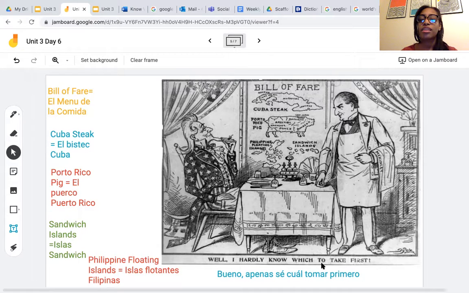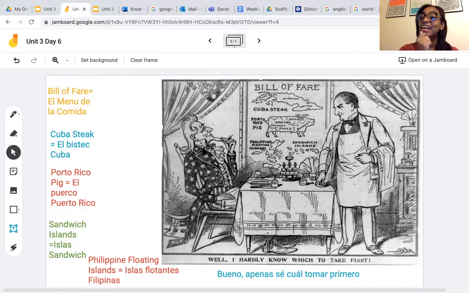And let's take a look at the words. Well, I hardly know which to take first. And it says here, bill of fare. Well, this is just another way of saying menu, right? Food menu. So what's on the menu? What do you guys see? Cuba steak, Puerto Rico pig, Philippine floating islands, and sandwich islands. How does Uncle Sam look? What is he doing?